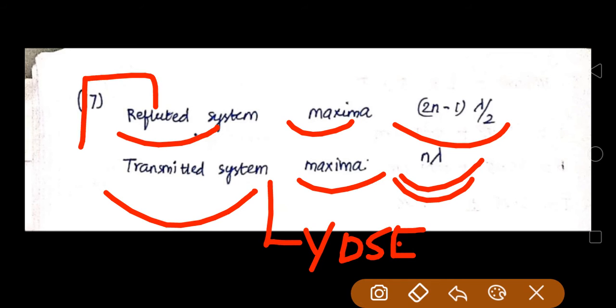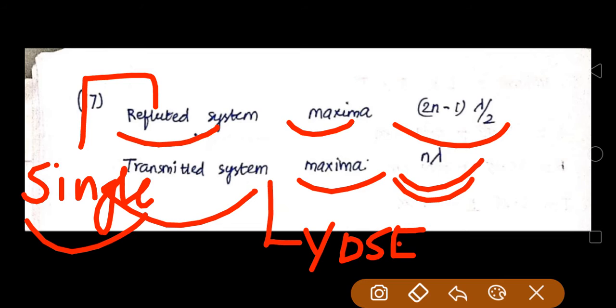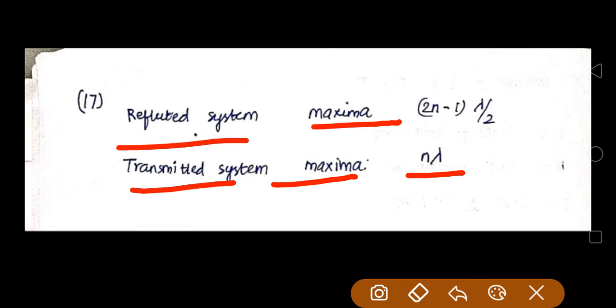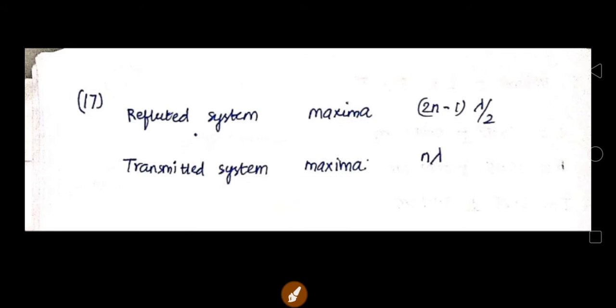For the single slit experiment, the bright fringe is denoted by 2n minus 1 lambda by 2. It is just like that. Not exactly the same, just for remembering, I am telling this concept. So for the transmitted system, maxima is n lambda. For the reflected system, maxima is 2n minus 1 lambda by 2.